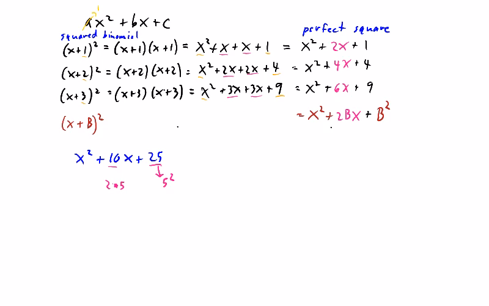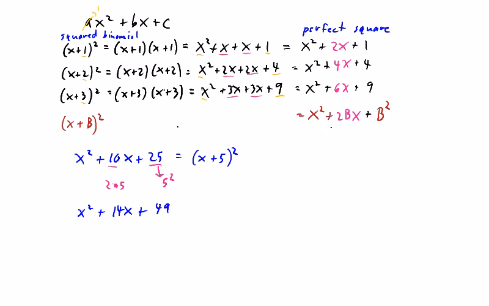So that is a giveaway that it is a perfect square of x plus 5. Here's another example that would be a perfect square. Let's write x squared plus 14x plus 49.